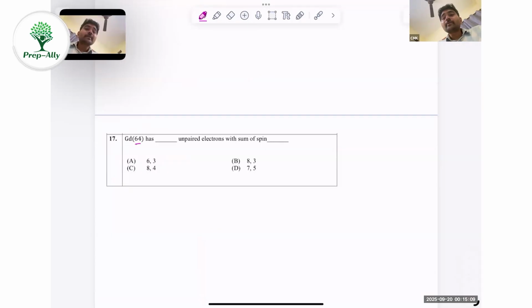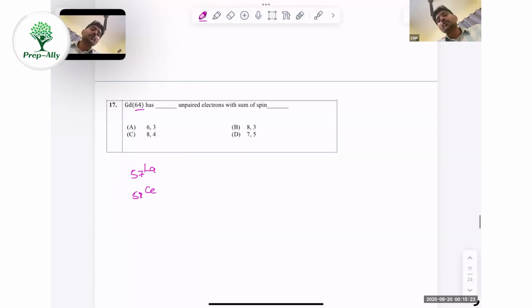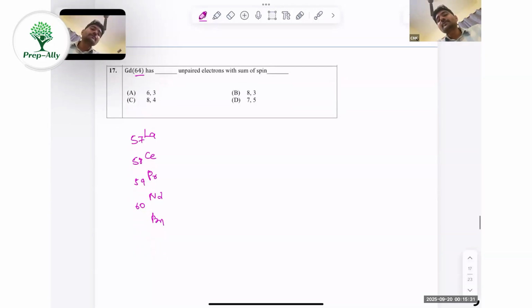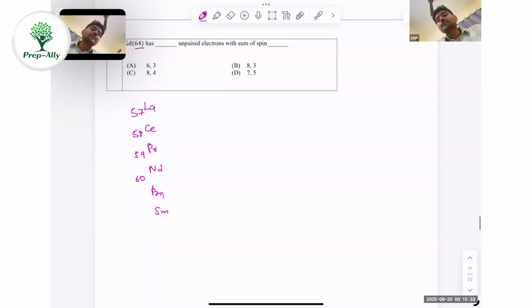Gadolinium, with its atomic number given, has how many unpaired electrons? Gadolinium, we will take it. Lanthanum 57, cerium 58, praseodymium 59, neodymium 60, promethium 61, samarium 62, europium 63, gadolinium 64.